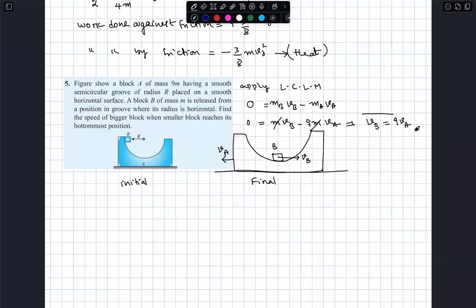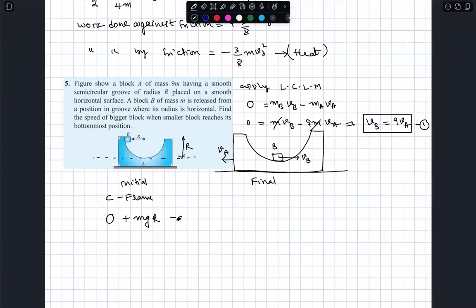Done. So one part of the equation is obtained from this chapter's concept. What about the other part? In the C frame of reference, initially there is no kinetic energy and there is a potential energy mgr, because taking this as my reference, this is at height r.